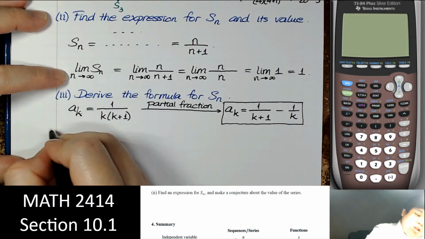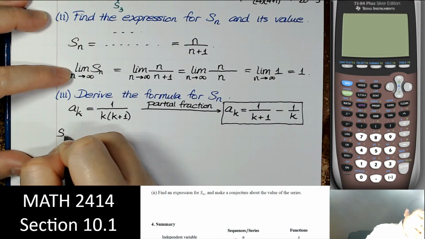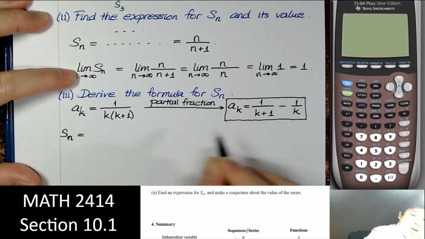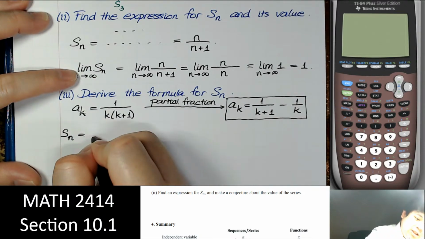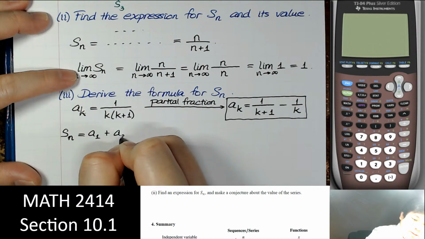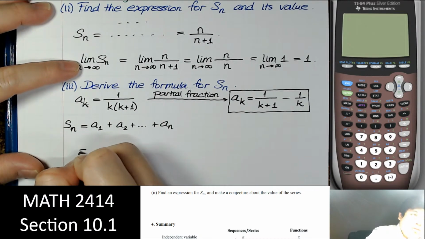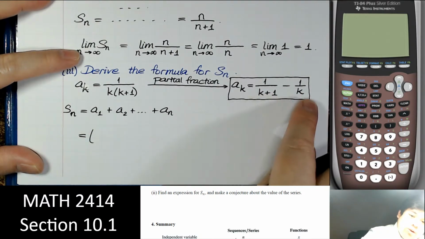Now back to the partial sum, s of n. The first term is where we put 1 in for k.